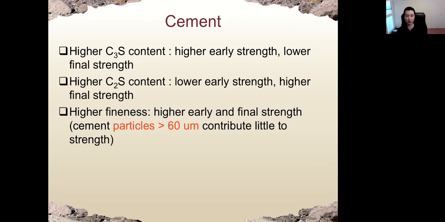So cement particles larger than 60 micrometers contribute very little to the strength of concrete. So by increasing the fineness and surface area by reducing the particle size, we can increase both early age and final strength. So that is cement composition.